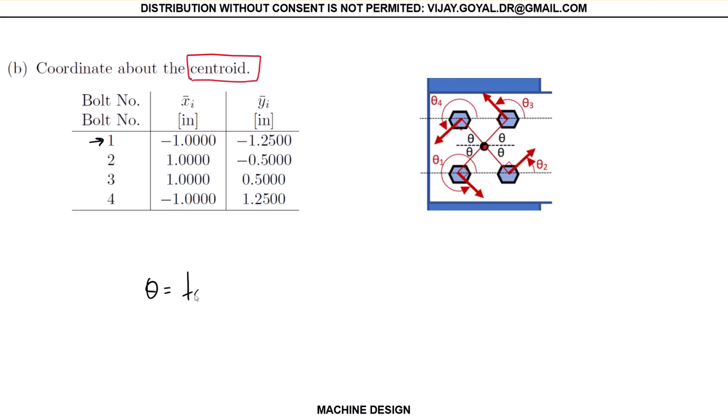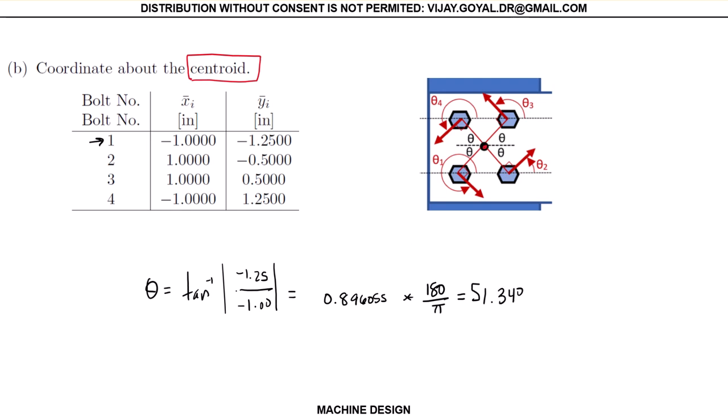Theta will be tangent inverse of the absolute value of minus 1.25 divided by 1 minus 1.0. And this will give you a value of 0.896055. You can multiply this by 180 divided by pi to convert this into degrees, which gives you 51.34 degrees.